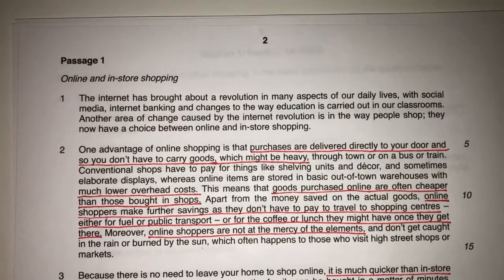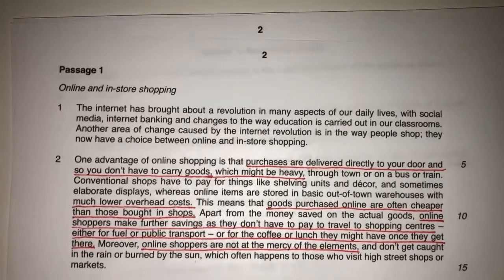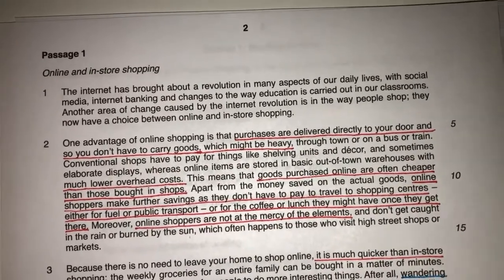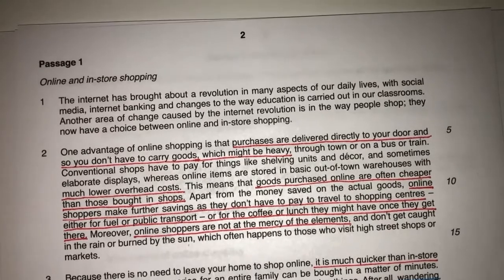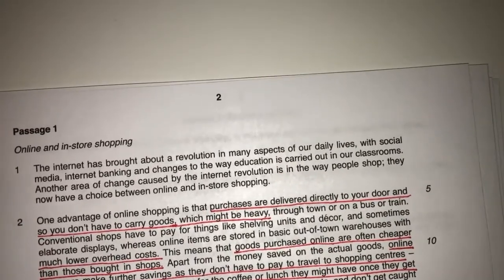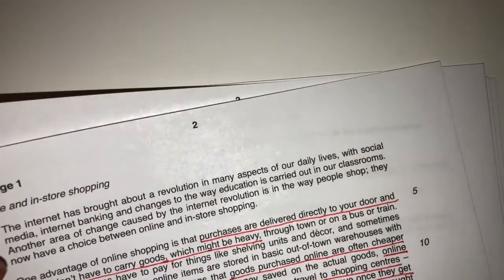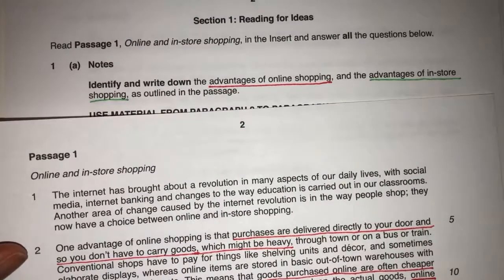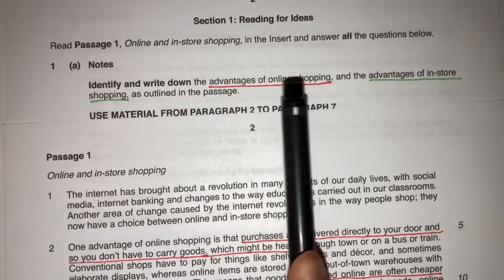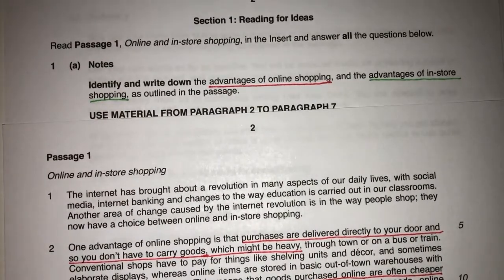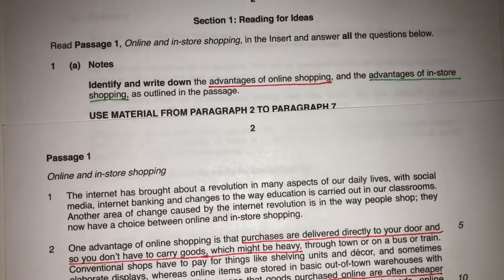But one thing that I do recommend, if you feel a little bit not too confident during the exam, is to make notes on the passage itself to remind yourself what you're looking for. So for example, you will notice that over here in red, I use color coding. So in red, I have the advantages of online shopping.